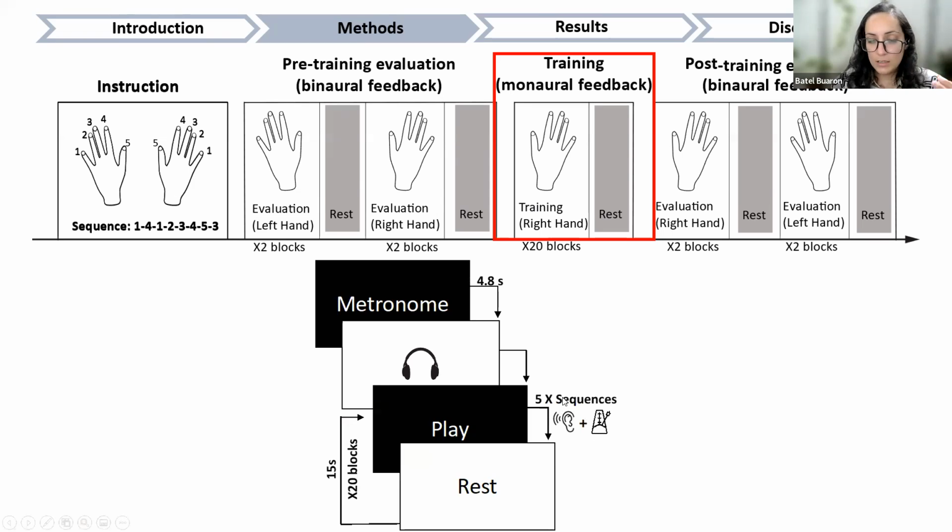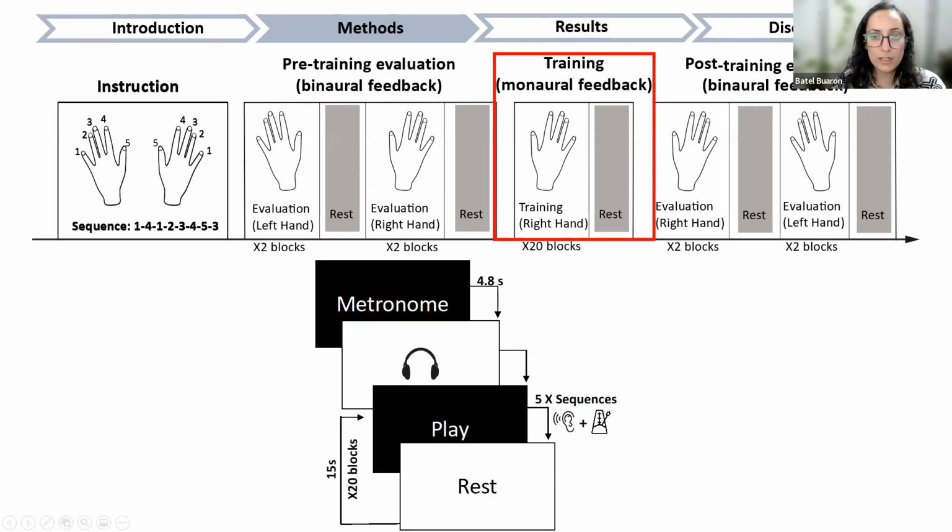During the training, they had monitoring of their tempo. So they heard the metronome, and their goal was to keep the sequence within the metronome time. So the entire sequence had to occur between the first and the second tick of the metronome. So they could receive feedback on how they were performing.